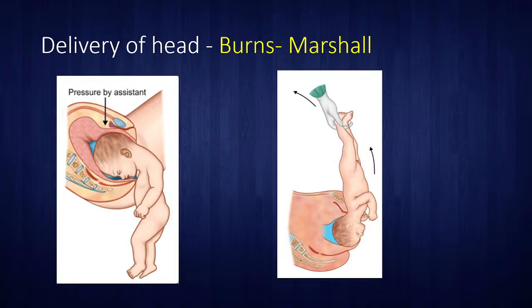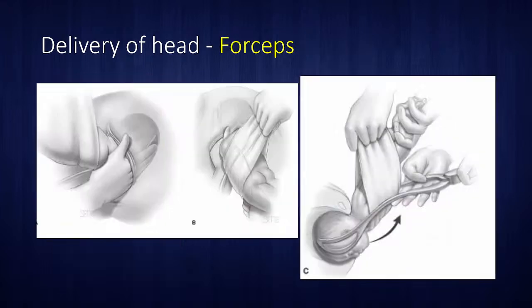Gradually the head may come out. Once the nape of the neck and slightly the occipital area is visible, then elevate the legs. The chin, face and nose will gradually deliver. So this is the Burns Marshall method.